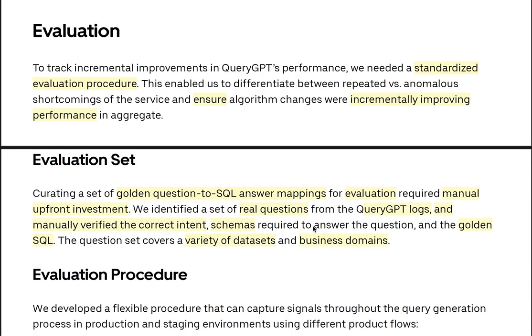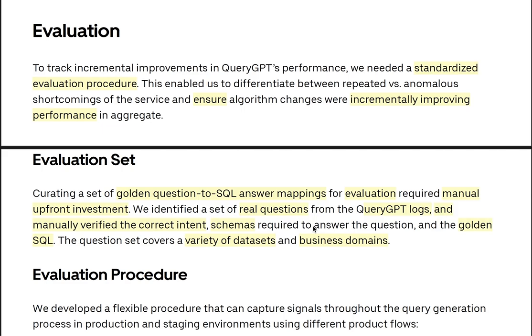They maintained a standardized evaluation procedure wherein they look at different questions and make the ground truth themselves, including questions that involve many different types of data sets and workspaces.